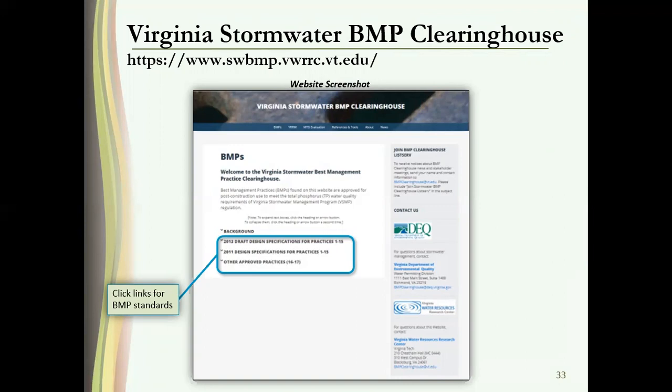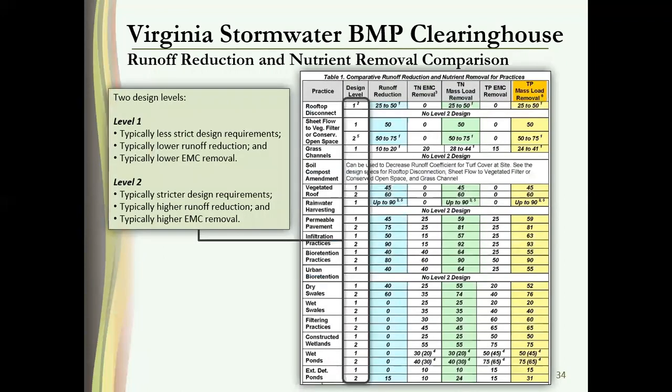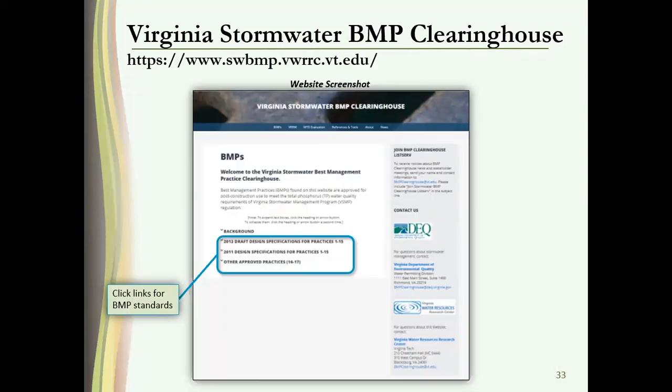It will be on this website and listed, and each of those separate proprietary devices has different efficacies of how much water they're actually treating. So you'll have to put that into your calculator to see if it's enough, if you need it.